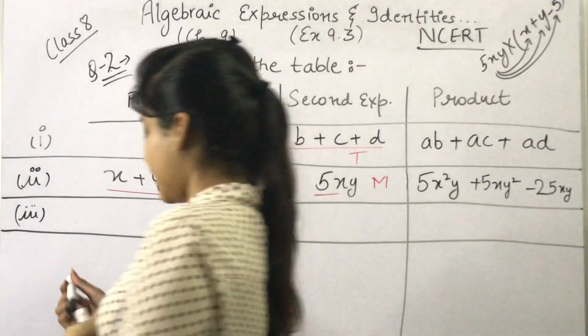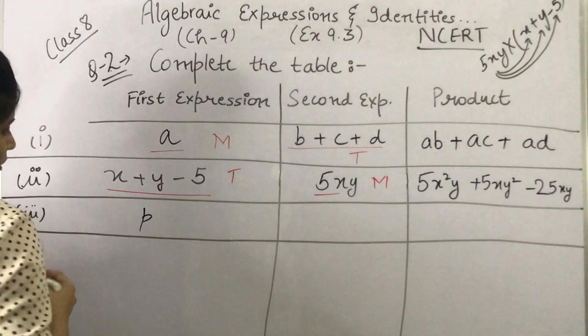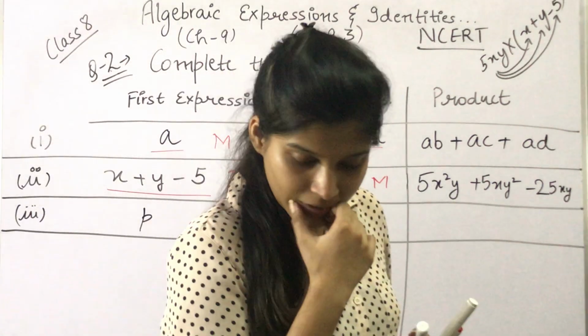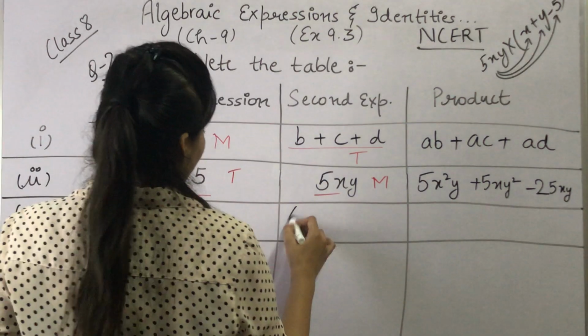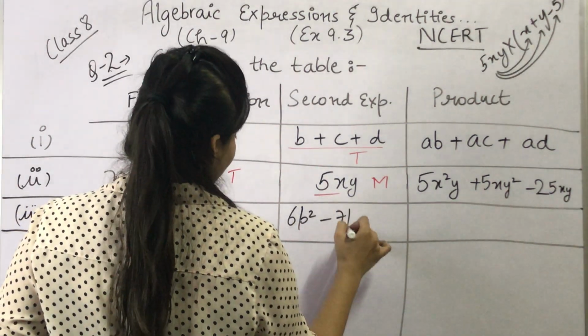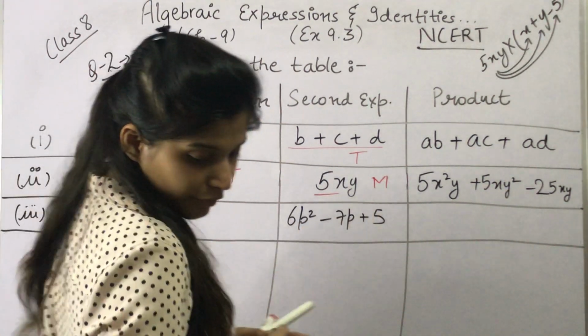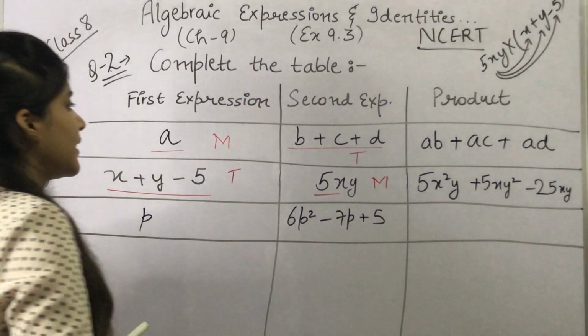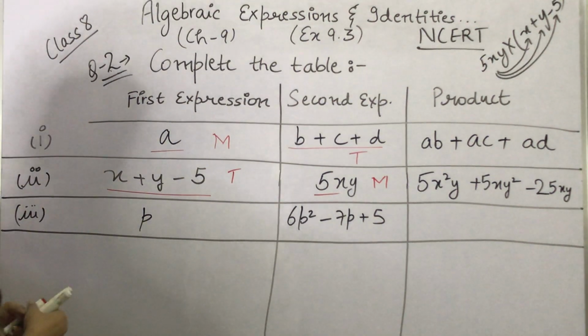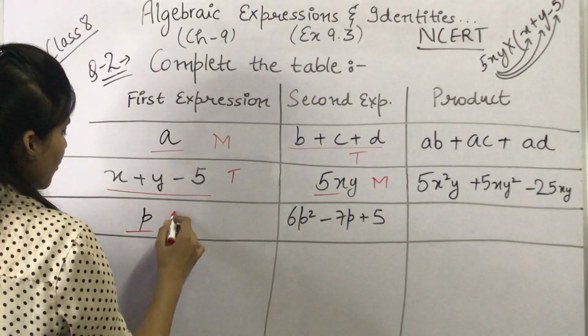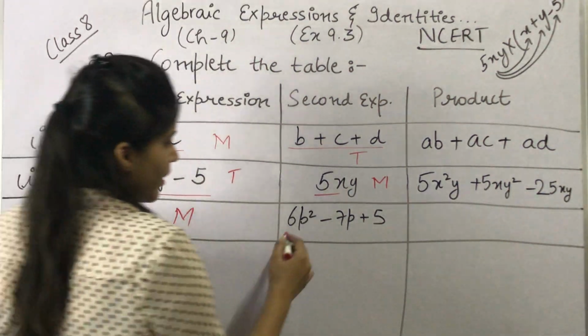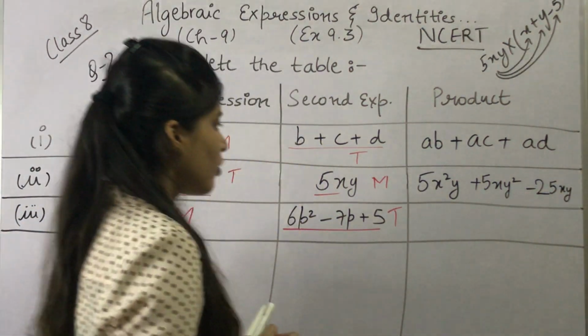So the third part says p into 6p square minus 7p plus 5. Yes, this is the third part. So in this third part, as we all know, this is a monomial expression and this is a trinomial expression.